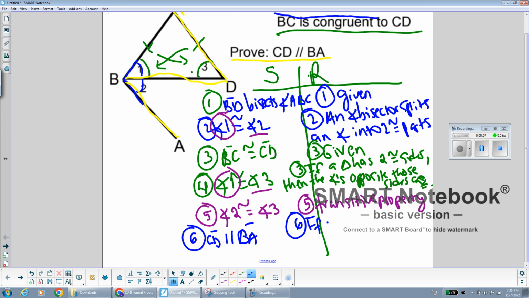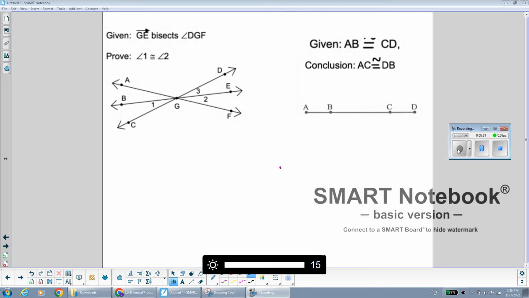If alternate interior angles are congruent, then lines cut by a transversal are parallel.